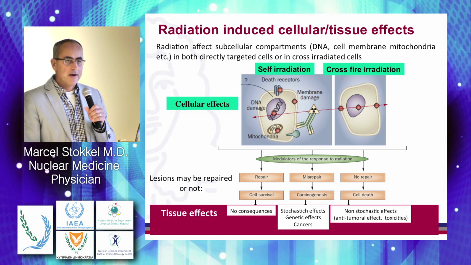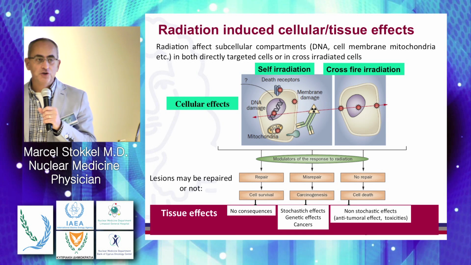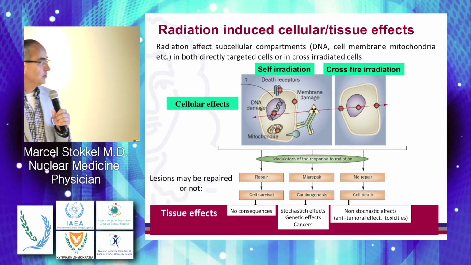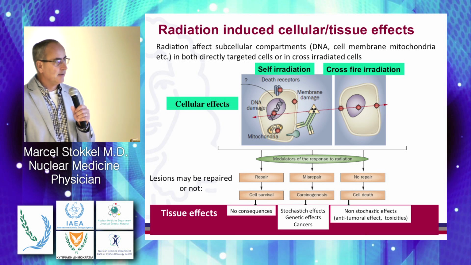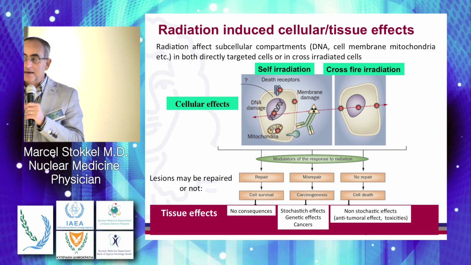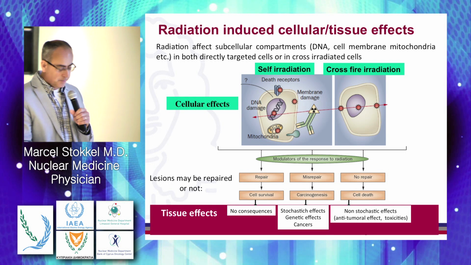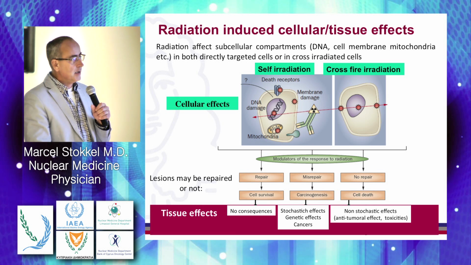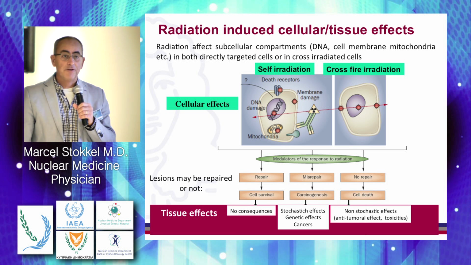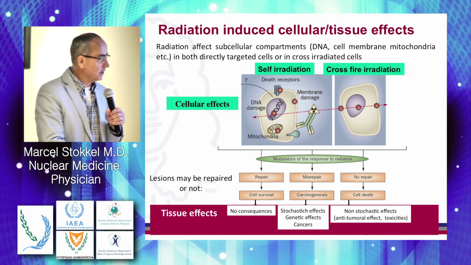When there is misrepair, especially on DNA level, it may induce tumor formation, the carcinogenesis, and that is a typical stochastic effect, the genetic effect, the genetic alterations that end up in cancer. And at the other spectrum, when there is no repair mechanism, it may cause, or it will definitely cause, cell death. And it depends on the effect of the irradiation what will happen.